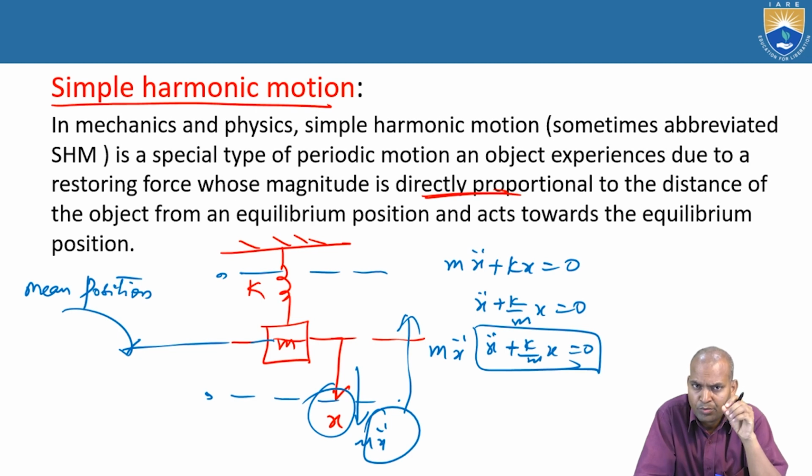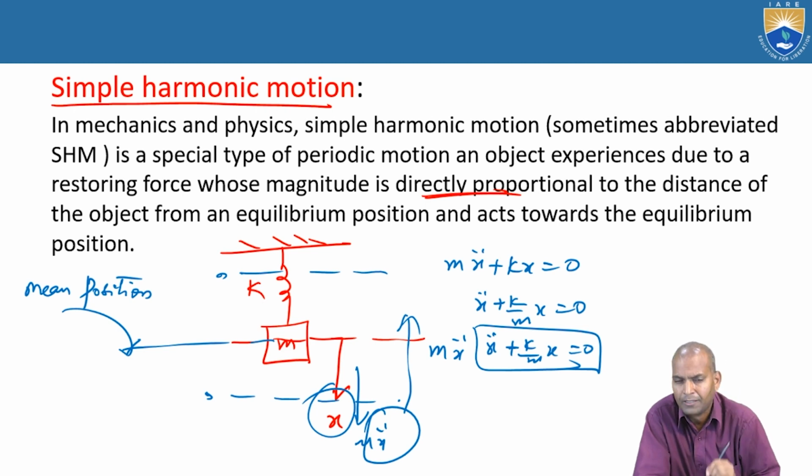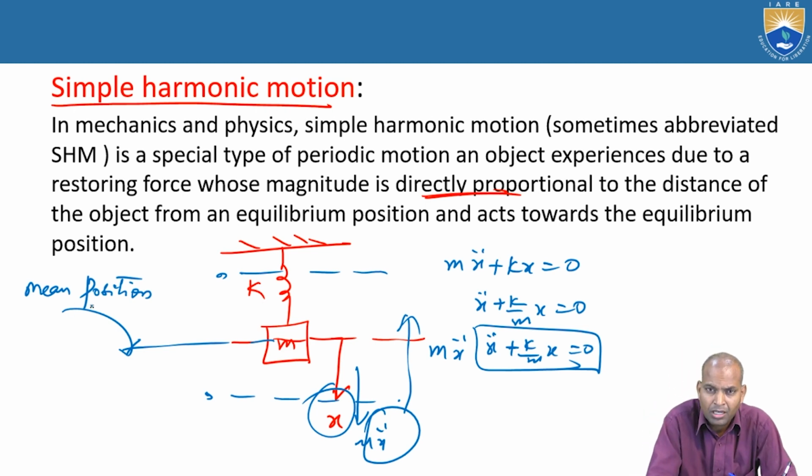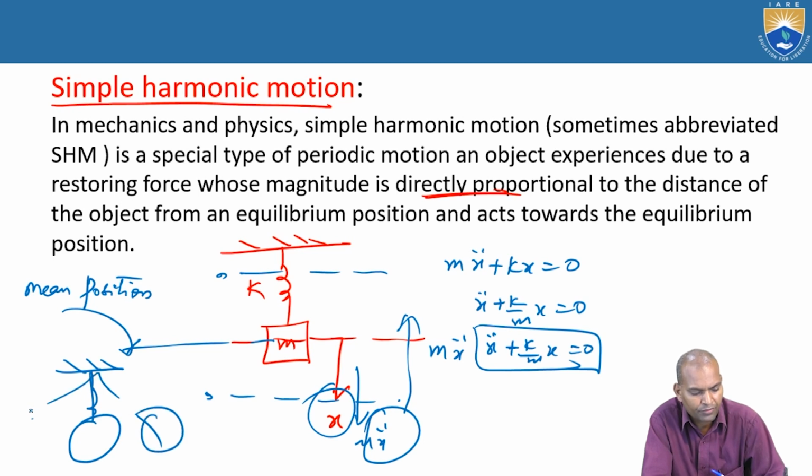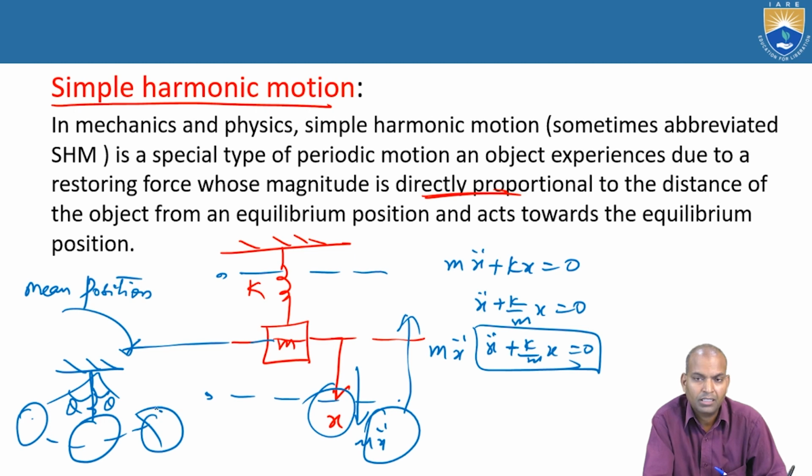For linear simple harmonic motion explanation, we consider the system where a mass is attached to a spring. For explaining angular simple harmonic motion, we'll consider the simple pendulum. If we give some small angular displacement theta to the simple pendulum, it starts oscillating. This oscillatory motion is with respect to the equilibrium position.